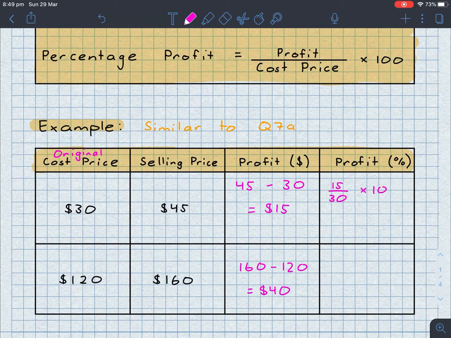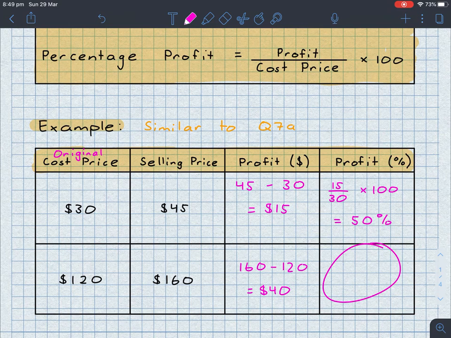And then we're going to multiply that by 100 to make it a percentage. And that is going to come up as 50% when you type that in your calculator. So the business bought it for $30 and then they made a 50% profit because half of 30 is 15 and that's how much money they added on top when they sold it.